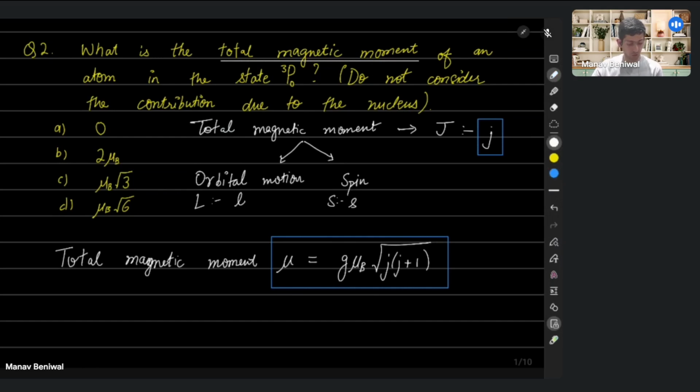So first of all, the state that is given to us is 3P0.